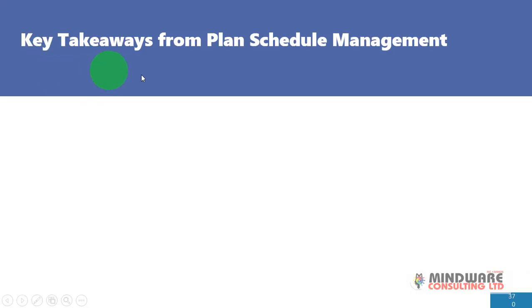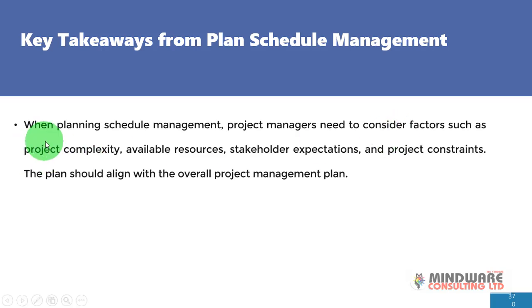So what are the key takeaways from the plan schedule management? What are the things that we can grab immediately and start implementing? Firstly, when planning schedule management, project managers need to consider factors such as project complexity, available resources, stakeholder expectations, and project constraints. The plan should align with the overall project management plan.